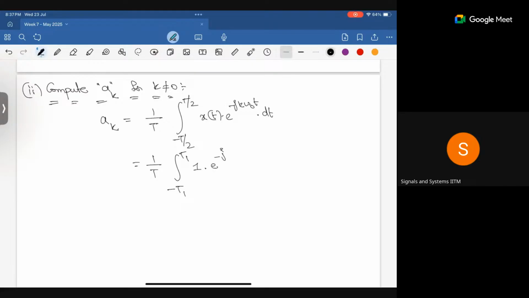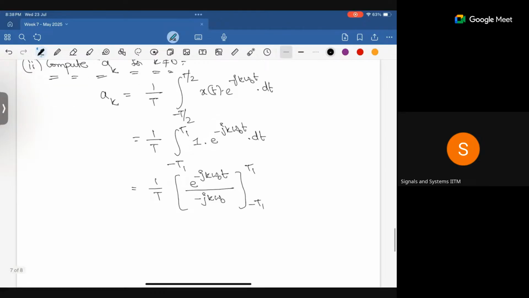Then 1 by T, and integrating e power minus j k omega naught t, I get e power minus j k omega naught t divided by minus j k omega naught. Remember the variable here is small t, and the limits are t1 and minus t1.